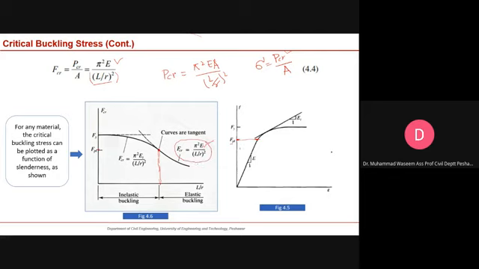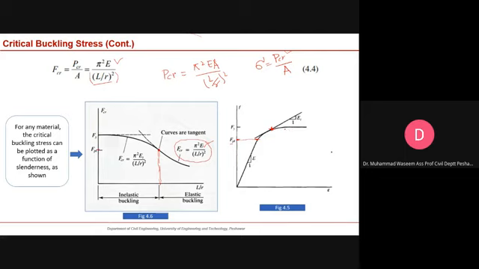But if you keep on increasing the load on your structure, eventually you will reach this yield.